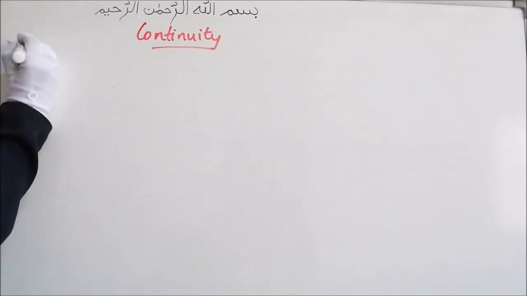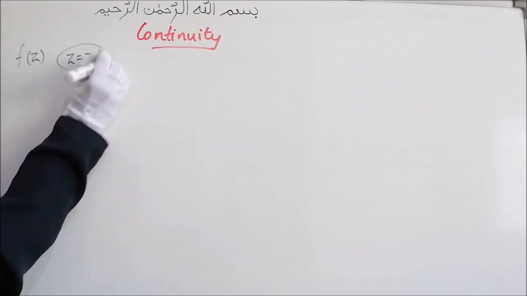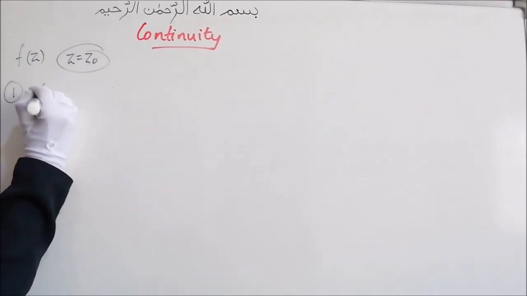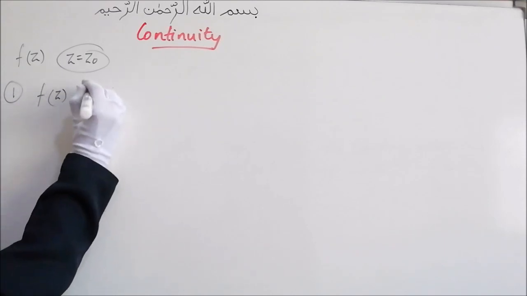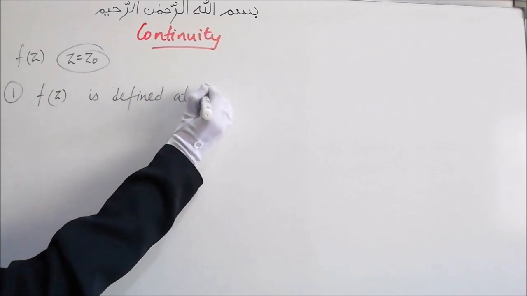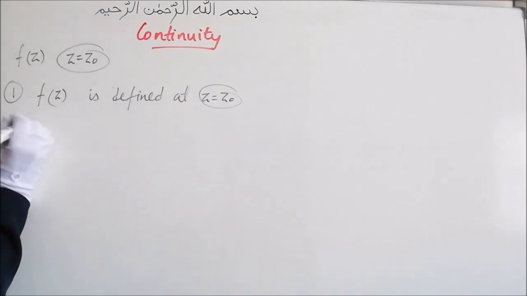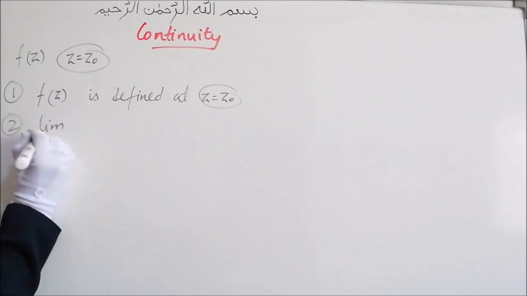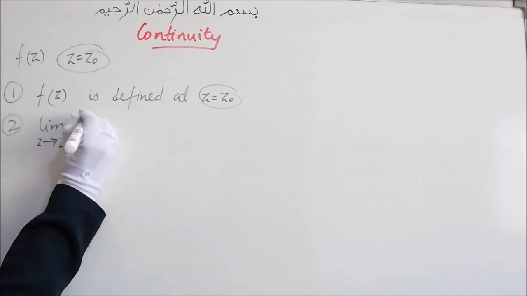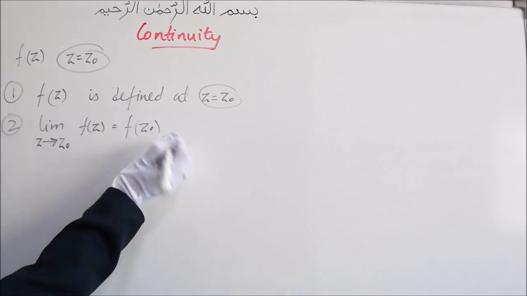So a complex function f of z is said to be continuous at z equals z naught if it satisfies two conditions. First, f of z should be defined at z naught. Second condition, the limit z tends to z naught of f of z is equal to f of z naught.